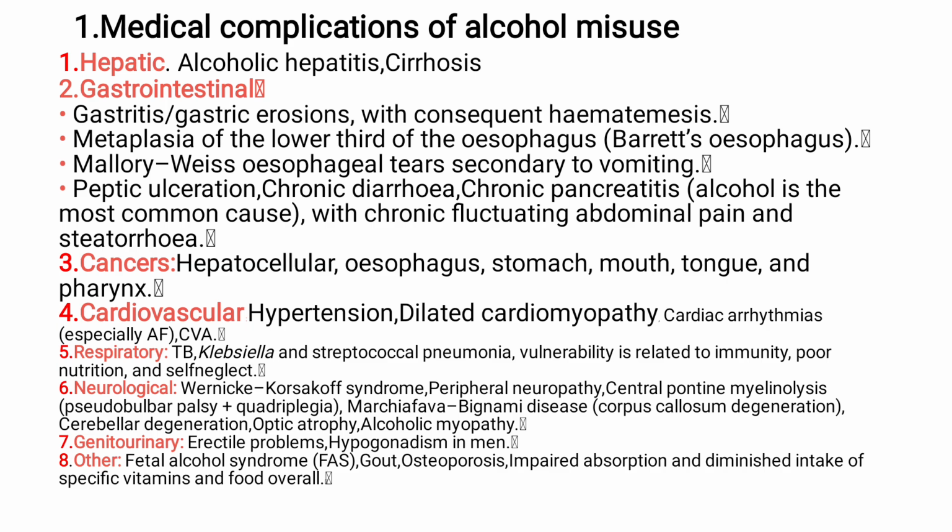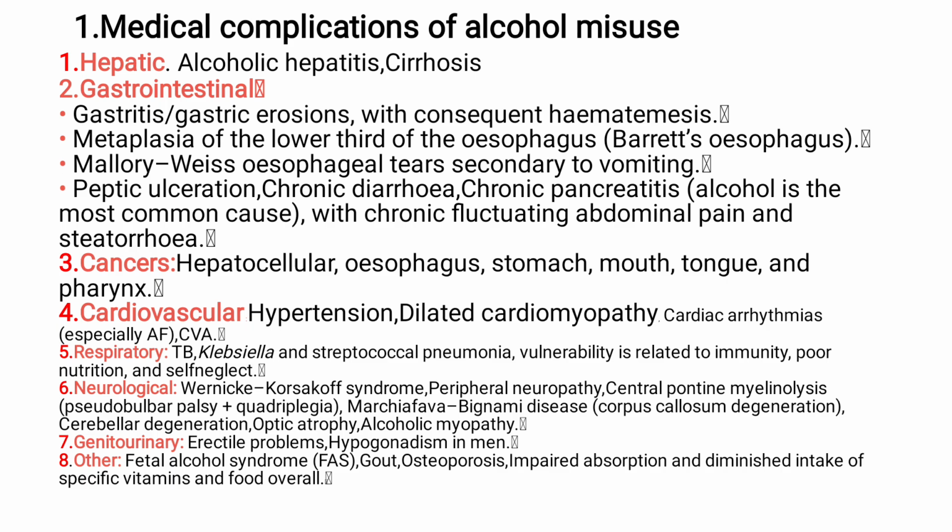Now, medical complications of alcohol misuse in details. 1. We have hepatic problems like alcohol hepatitis and cirrhosis, gastrointestinal problems like hematemesis, Barrett esophagus, Mallory-Weiss tears, peptic ulceration, or chronic pancreatitis. There can be cancers like hepatocellular, esophagus, among others.